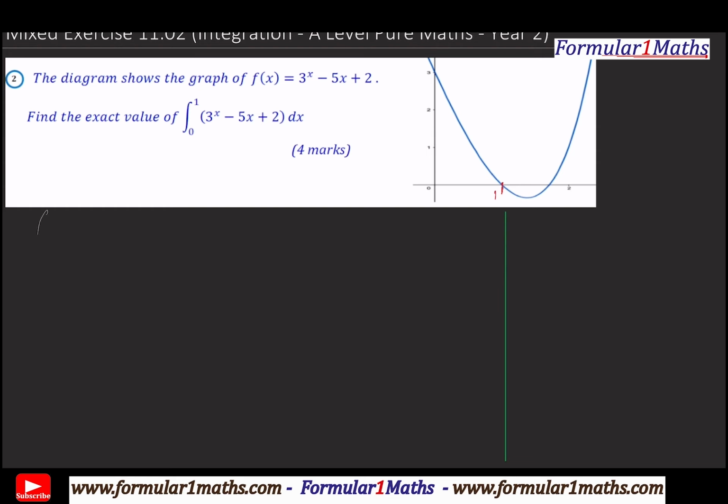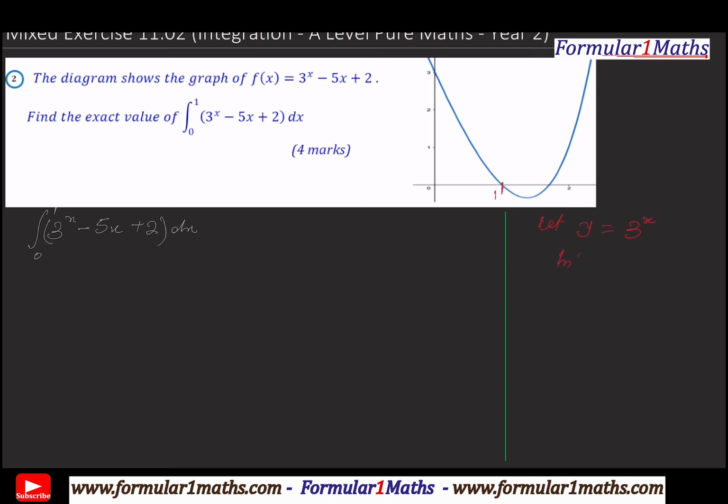So we have the integral of 3 to the power x minus 5x plus 2 dx from 0 to 1. For 3 to the power x, we will let y be equal to 3 to the power x. Then I can take logs of both sides.